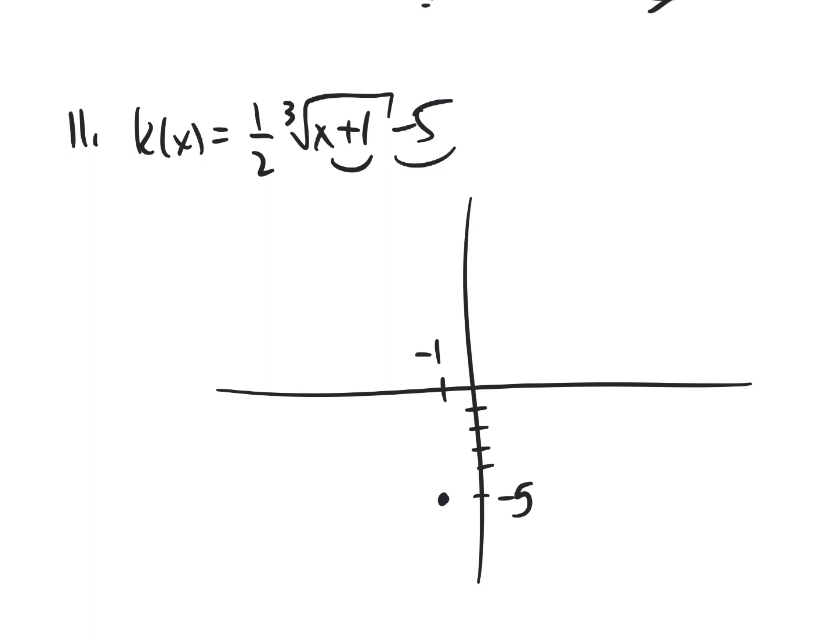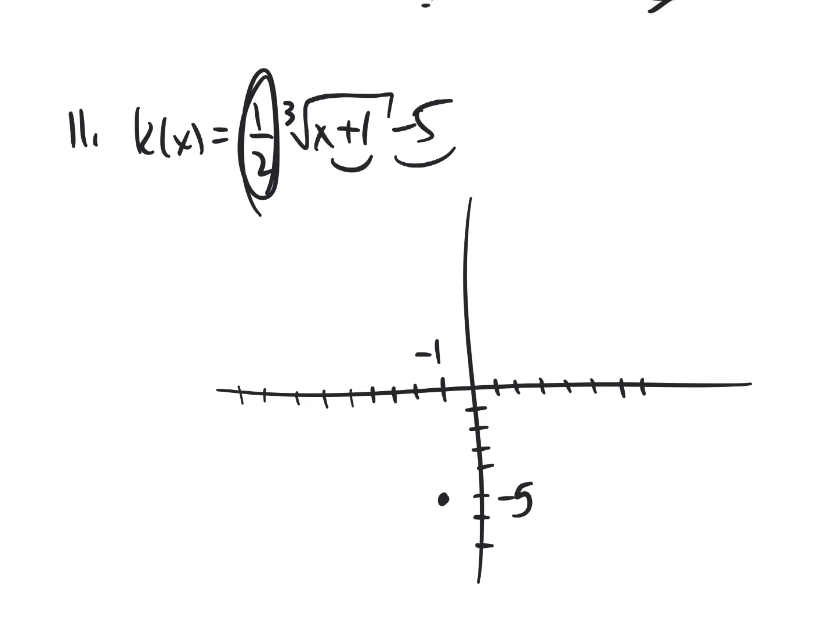Okay? Normally, with a cube root curve, we have to go right 1, up 1, right 8, up 2. And 1, 2, 3, 4, 5, 6, 7, 8. All right, and then left 1, down 1, and left 8, down 2. But because of the 1/2, we make the verticals 1/2 as tall.